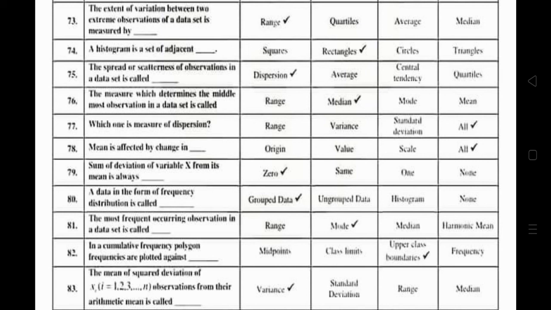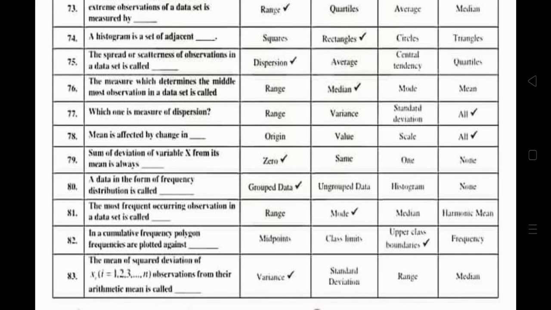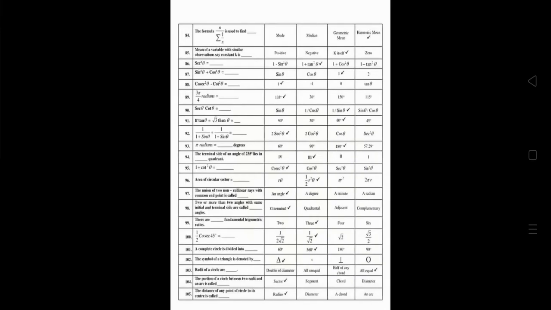In a cumulative frequency polygon, frequencies are plotted against upper class boundaries. The mean of square deviations of x_i, i equal to 1 to n observations from their arithmetic mean is called variance.